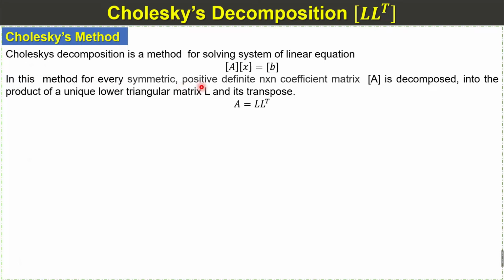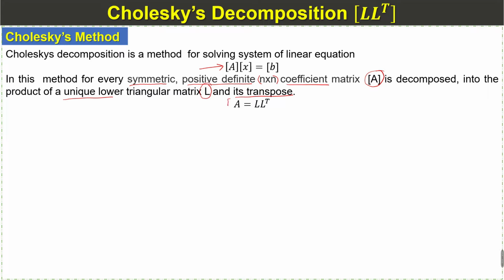In this method, every symmetric positive definite n cross n coefficient matrix, that is the matrix A we have, is decomposed into the product of a unique lower triangular matrix L and its transpose. Here L is the lower triangular matrix.